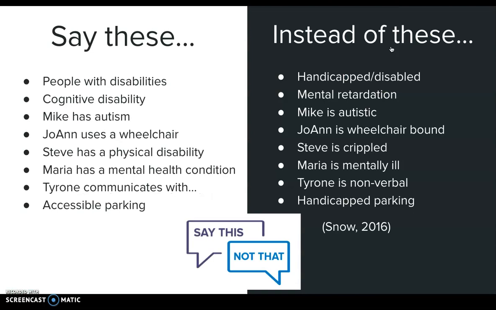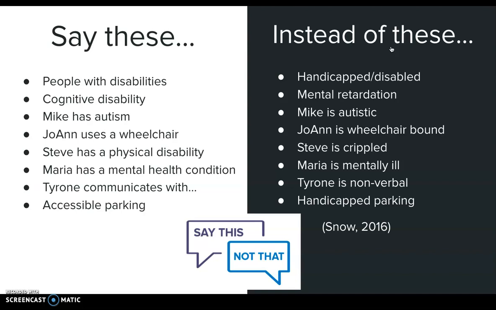Here are some examples. On the right are the ones that we should not be saying anymore, that in the past we have said, but we're finding that they are not putting the person first. Something like, that person is handicapped. We should be saying people with disabilities.